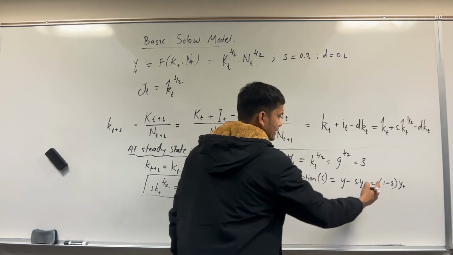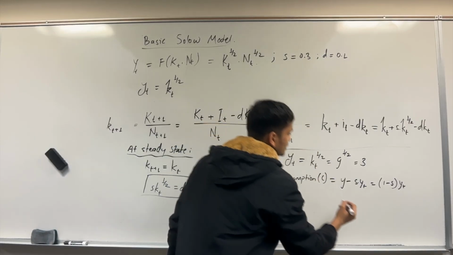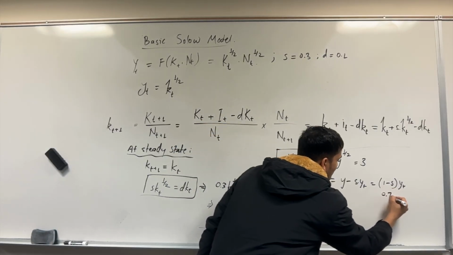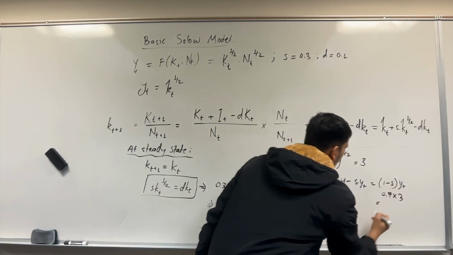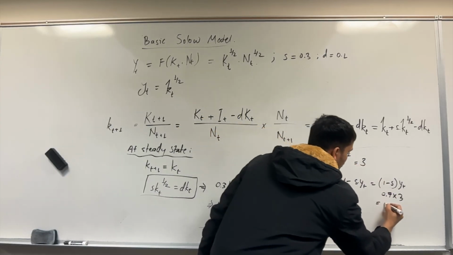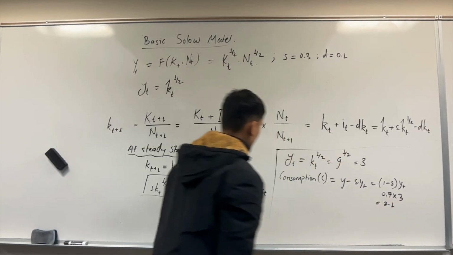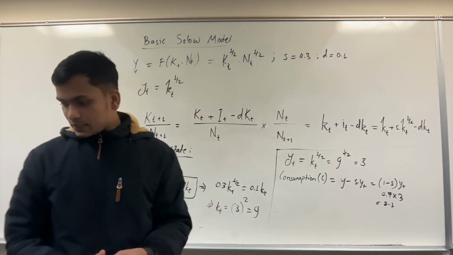Here we know that saving is 0.3, so we get 0.7 times y_t, which is 3, so we get 2.1 as the consumption, and that's our final answer.